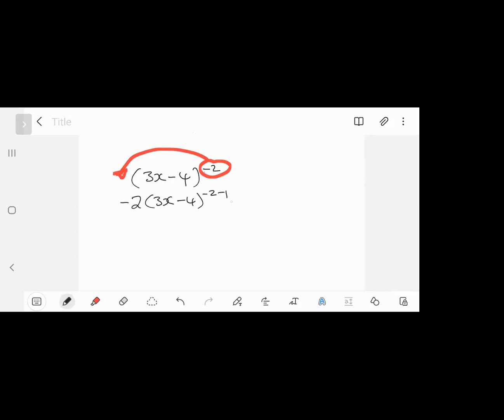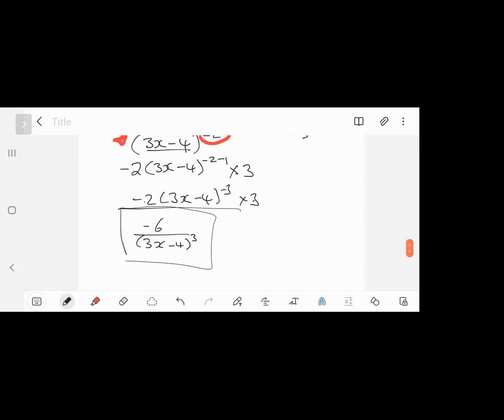Then you multiply the whole thing by the derivative of what is inside. Deriving 3x minus 4 gives me 3, so you multiply the whole thing by 3. So this will be -2(3x minus 4) to the power of -3, times 3, which is -6 over (3x minus 4) to the power of 3. So that is me having derived this.